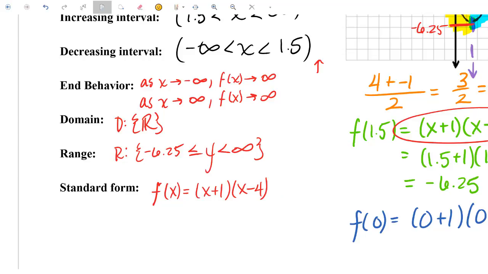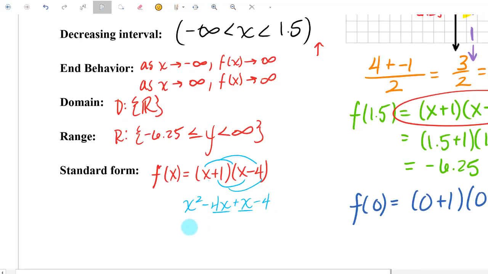So what we're going to do is distribute. We get x times x, or x squared, plus x times negative 4, or negative 4x, 1 times x, plus x, and 1 times negative 4, or negative 4. Combining our like terms here, we get x squared minus 3x minus 4.